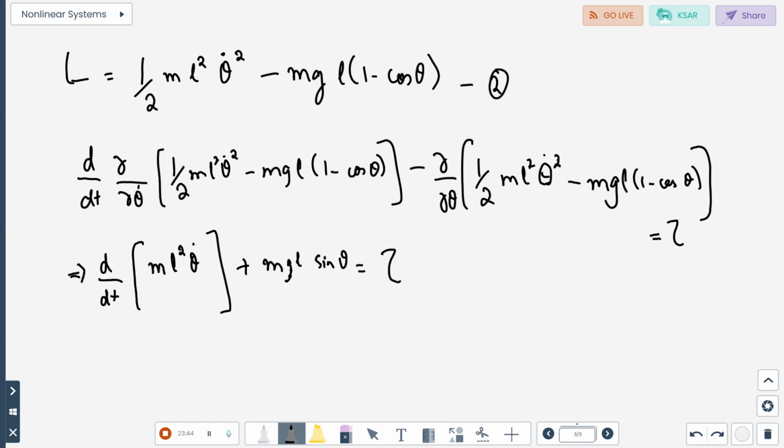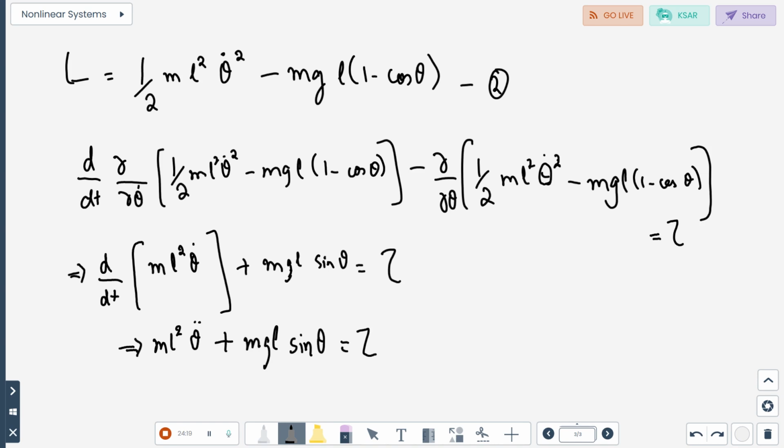So d by dt of ml square theta dot: ml square is constant, so d by dt of this is d theta by dt, d by dt of d theta by dt means d square theta by dt square, so that means this is a second order differential equation. Now ml square theta double dot plus mgl sine theta is equal to tau.